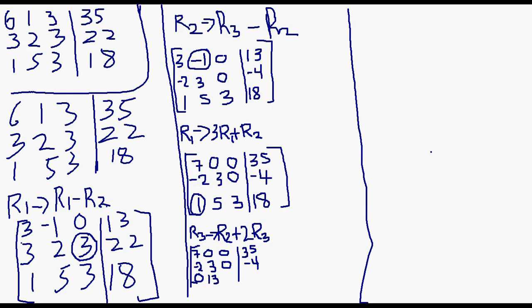And then row 3 here is 0. 0 plus 2 times it will give us 6. Then row 2 here is -14. -14 plus this is 36. So 2 times 18 is 36. 36 plus this is giving us 32.